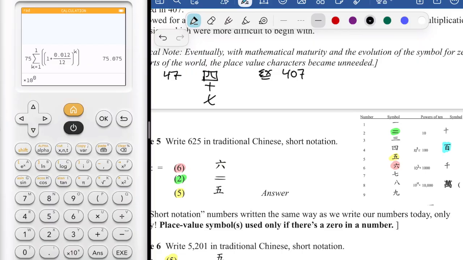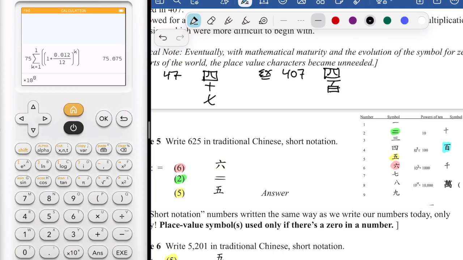All right. As opposed to the 407, I would need a character for 4, a character for 100. All right, so that's this one. Then I would need a character for the 7.